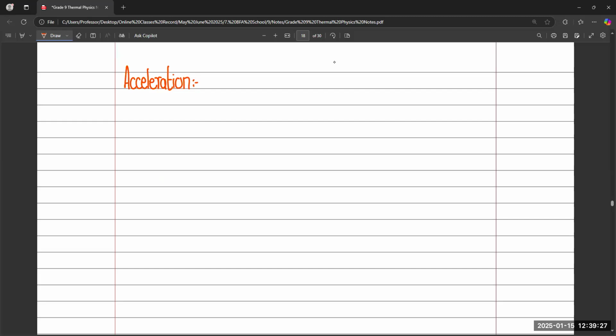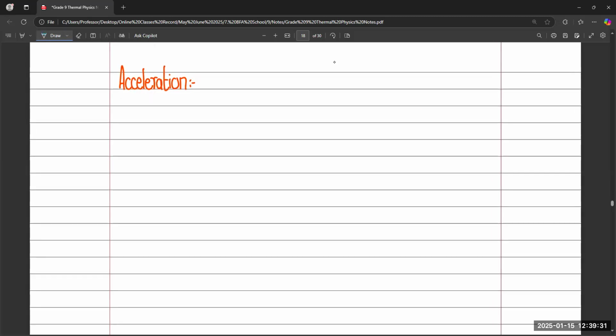So for acceleration, we can say acceleration is the rate of change of velocity.